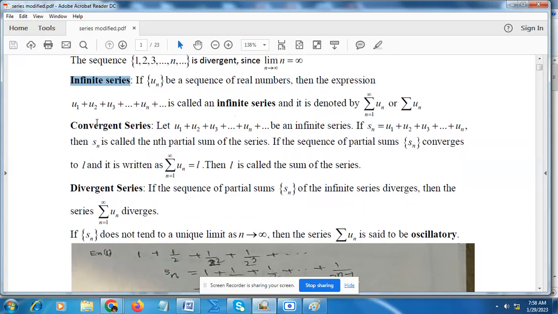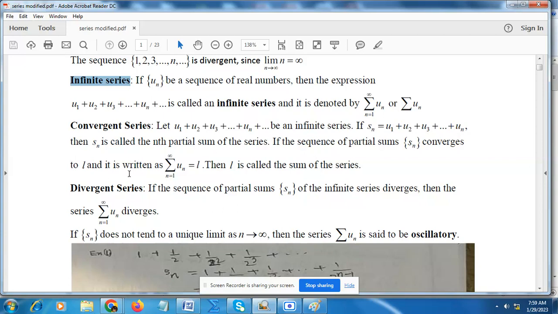To discuss the convergence of an infinite series, first you consider the nth partial sum. That is, you take the sum of n terms of the infinite series. So Sn is equal to u1 plus u2 plus so on plus un. This is called the nth partial sum.